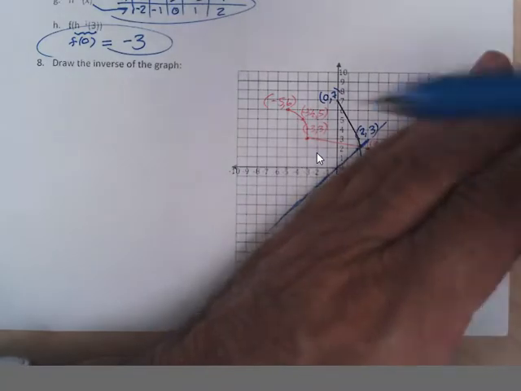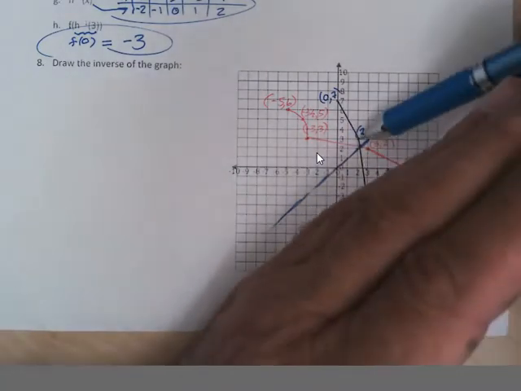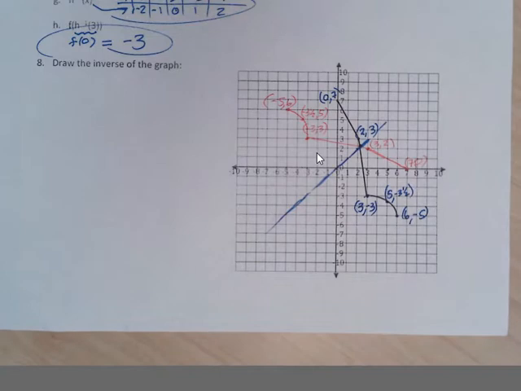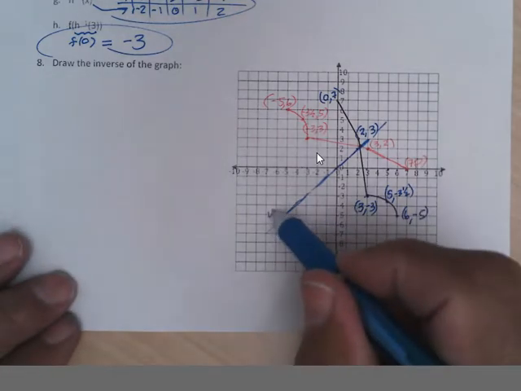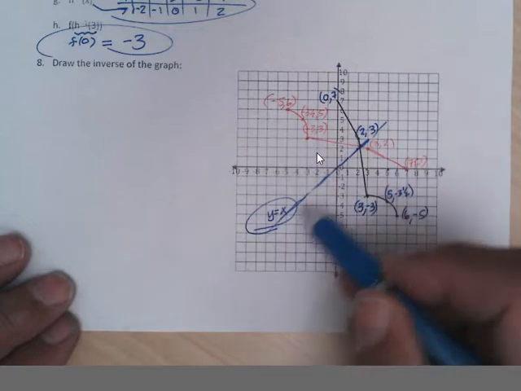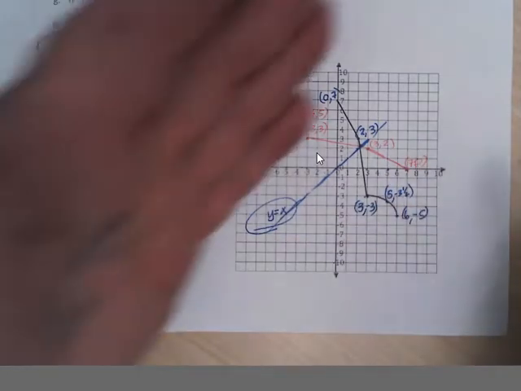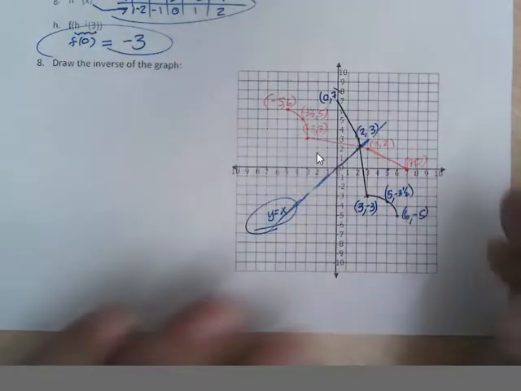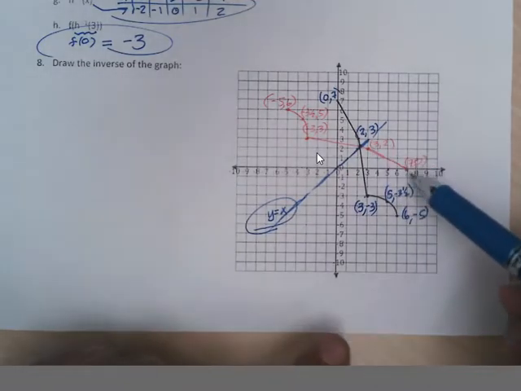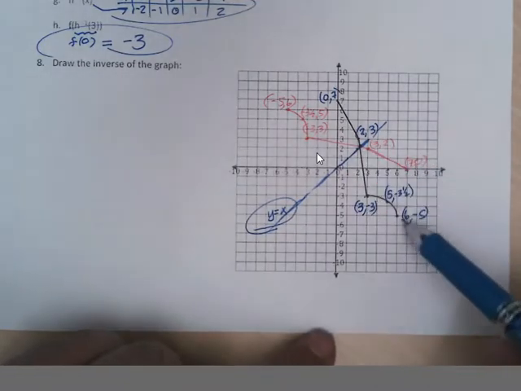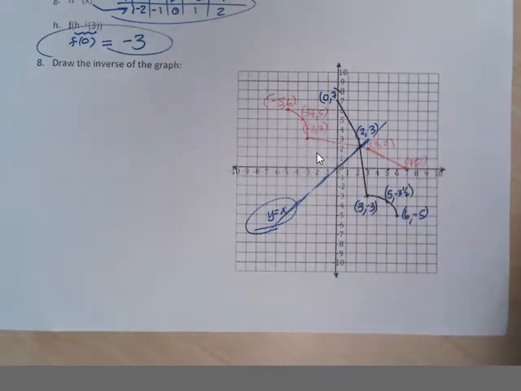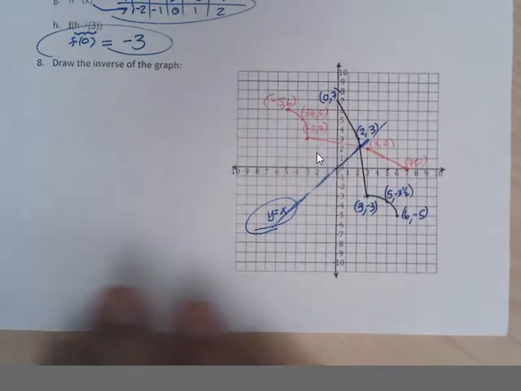Put a mirror and look at this side, and this will look like this, and you draw that. It's a mirror over the y equals x line. Now you didn't have to draw that line, but this shape should look just like that shape. Can you see how it looks like that mirrored over? Okay, that's the test.